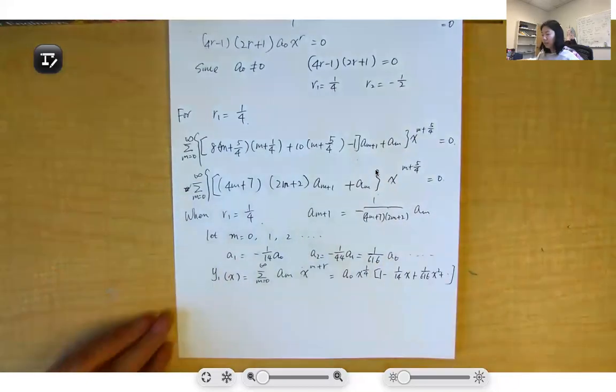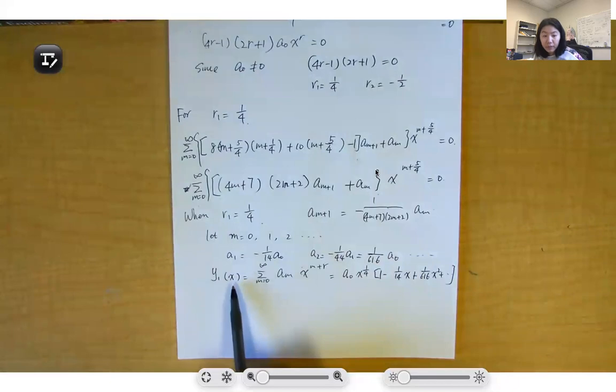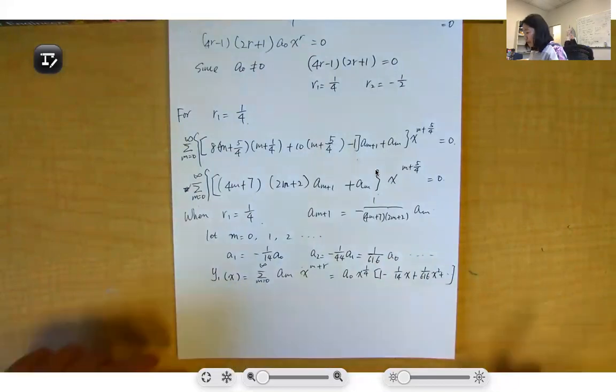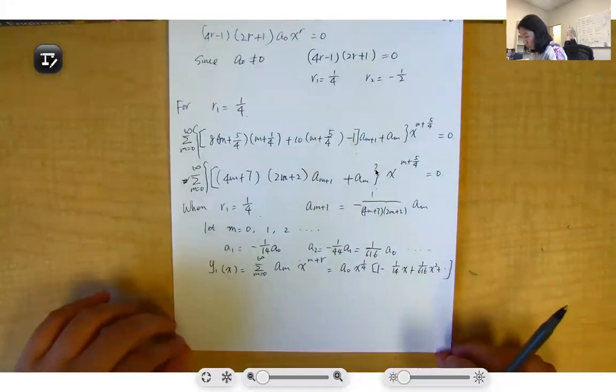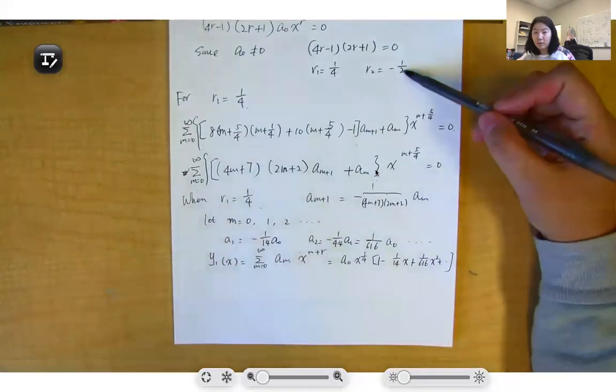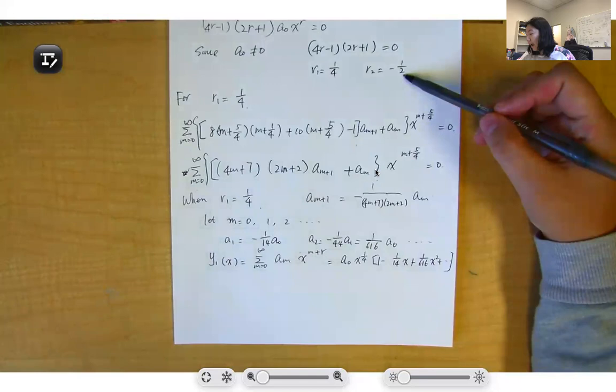Okay, so this is y1, which is your first linear independent solution. Then you can imagine when r2 equals minus a half, that leads to your second linear independent solution.